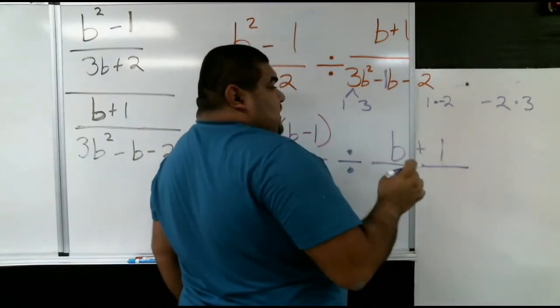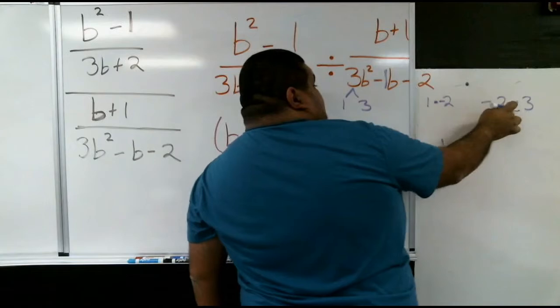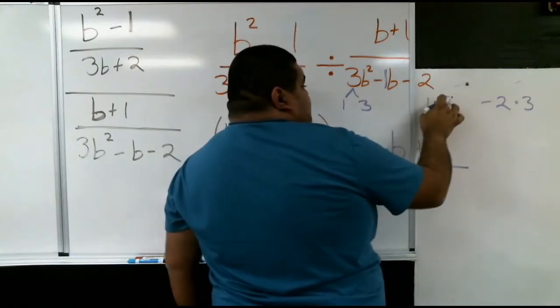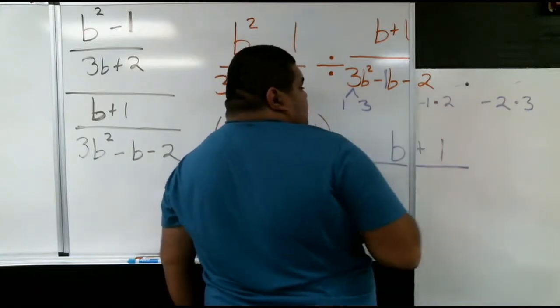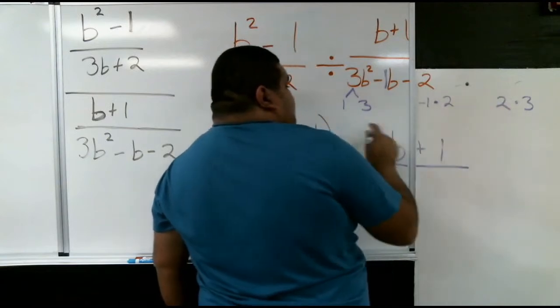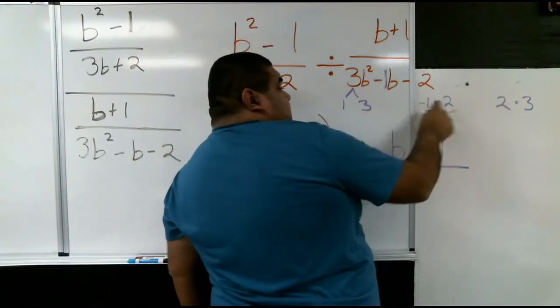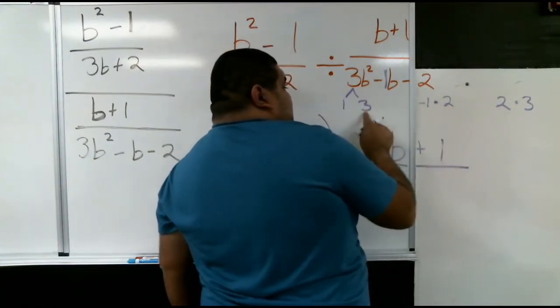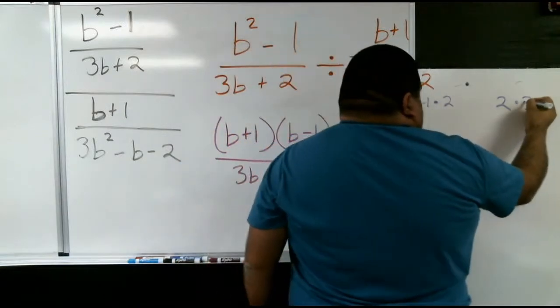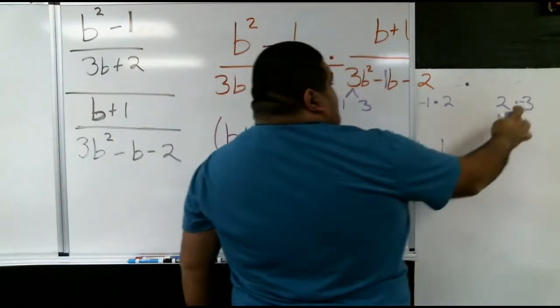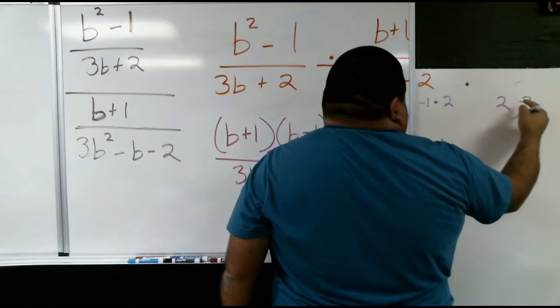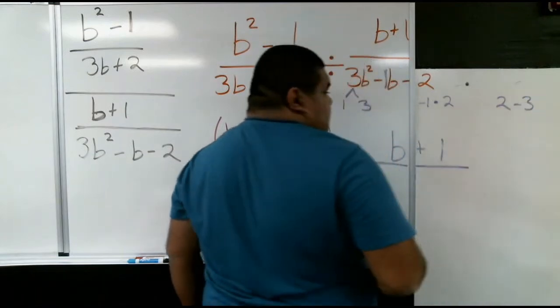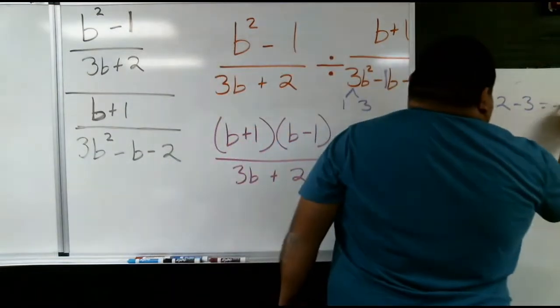Notice that in this case it didn't really work out with the biggest one being negative, so now we're going to try out the small one. So now we have 1 times 2 is 2, and 3 times negative 1 is negative 3. So we have 2 minus 3, which is negative 1, right?